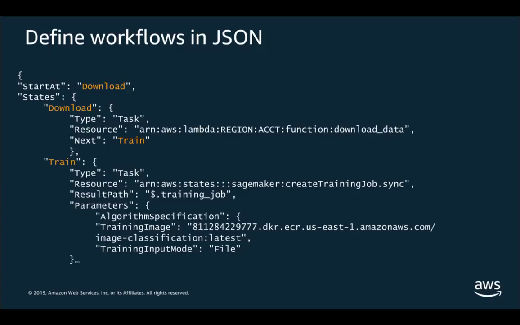The create training job sync, which will fire up a training job and we'll see the same parameters as we see in SageMaker. So selecting an algorithm, here we use the built-in algorithm for image classification, and then we would pass additional training parameters, just like the ones you are using if you use the Python SDK in SageMaker.